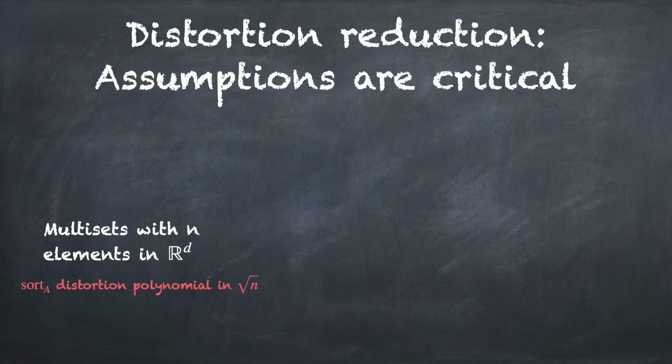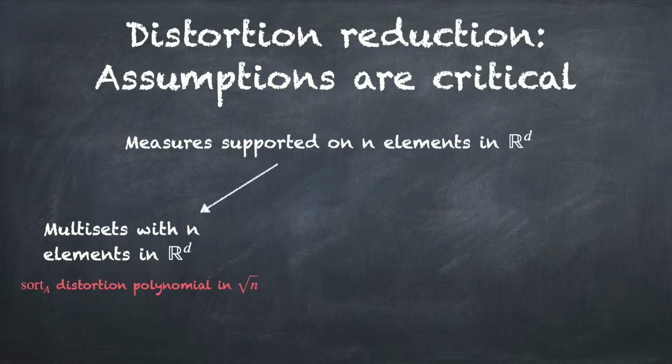And what I just wanted to say about this is that this question of distortion also depends very much on what you're assuming. For example, you can generalize the setup of multisets with n elements in R^d to measures supported on n elements in R^d, right? You can think of multisets as measures with uniform weights, and this is a more general setting. It may not seem much more general, but we can actually prove that in this setting, there's no Bi-Lipschitz mapping.